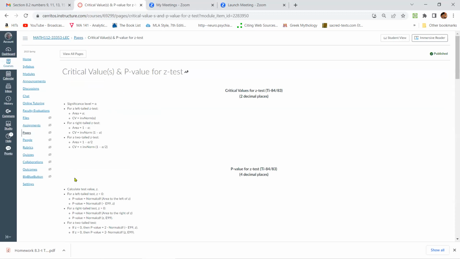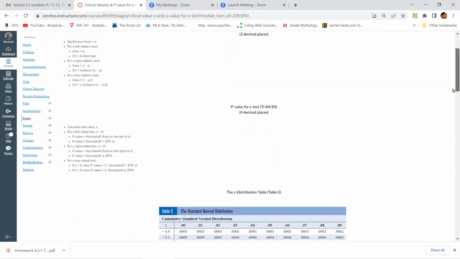Right now you're doing these instructions. They're also in the lesson slides, you can find them there. But if you just want your instructions, here they are. If we're doing a left tail test, which we are, then we're following the first 2 bullets.